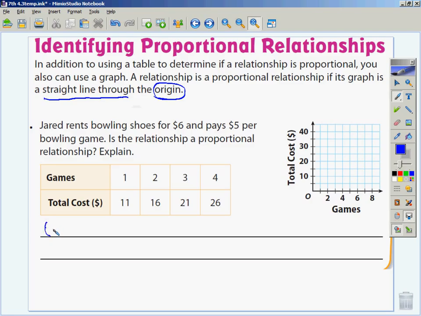What's the first ordered pair I'm going to plot? 1, 11. 1, 11 would be somewhere right around here. 1 and 11 would be somewhere right about there. 2 and 16 would be somewhere around here. 3 and 21. And 4 and 26.